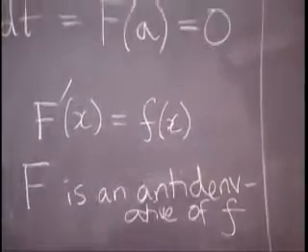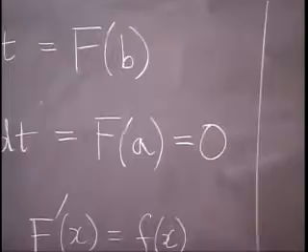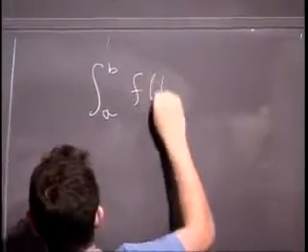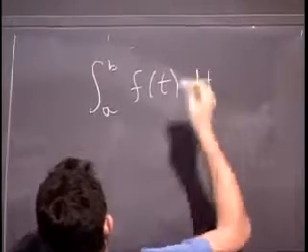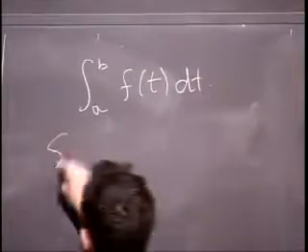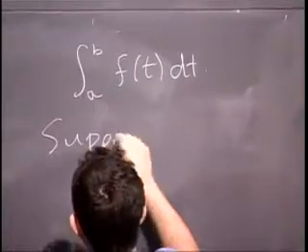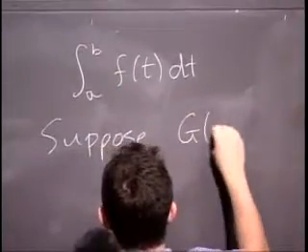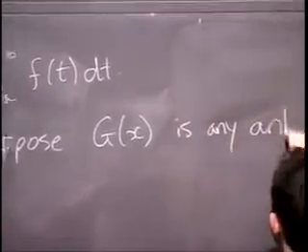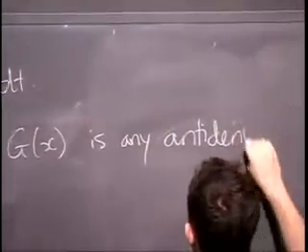So here then is our prescription. We want to start off with this integral here. Suppose we pick any antiderivative. Suppose g is any antiderivative of little f. I don't know which one. They all differ by constants anyway.